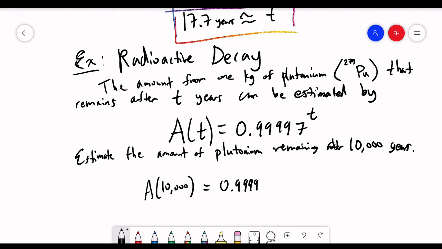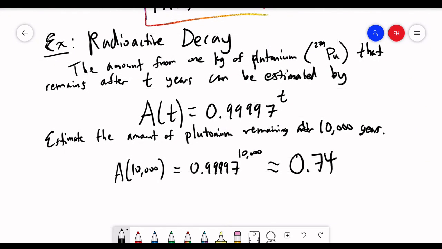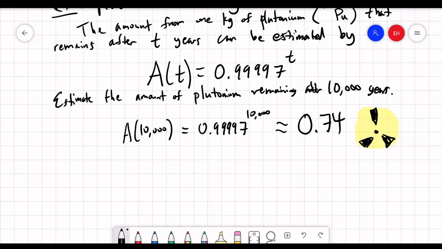So we just put in 10,000 for the years and put it in our calculator, and we're going to get about 0.74. So in other words, for every 1 kilogram of plutonium, 10,000 years later, about 3/4 of that 1 kilogram is left. And if you think about it, this is why nuclear waste is so hard to dispose of, because plutonium is a radioactive material, and I think it's a byproduct of nuclear waste.